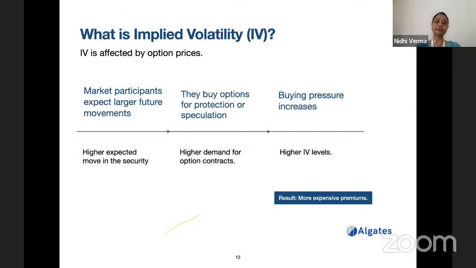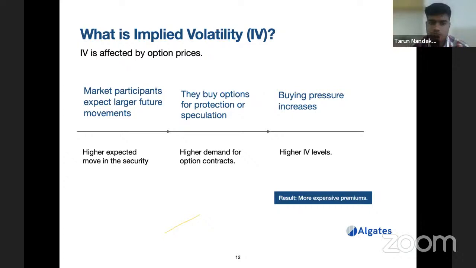Suppose the market participants expect larger future movements in a particular stock. So what happens is they start buying options of that particular stock, with that stock as the underlying asset.